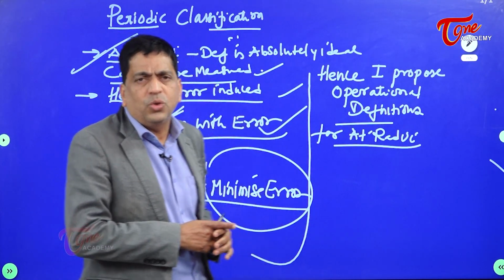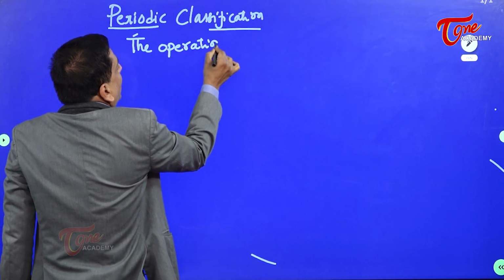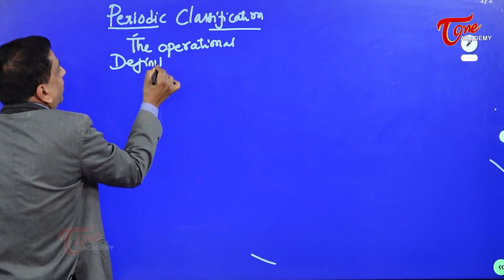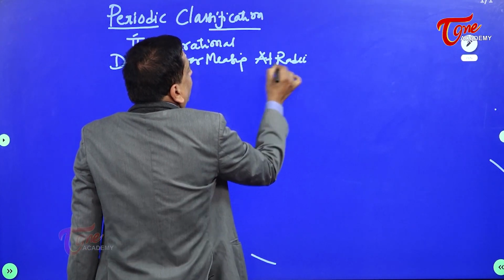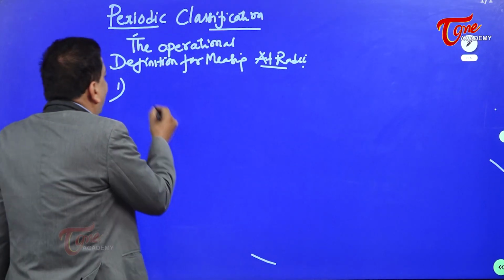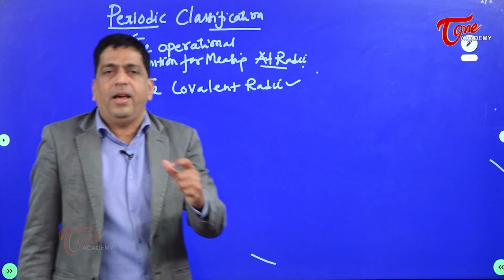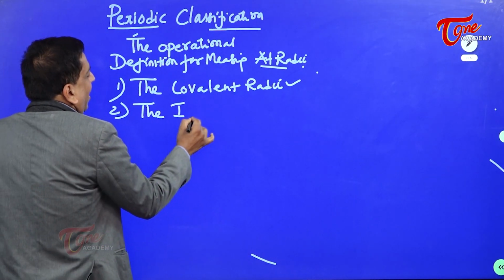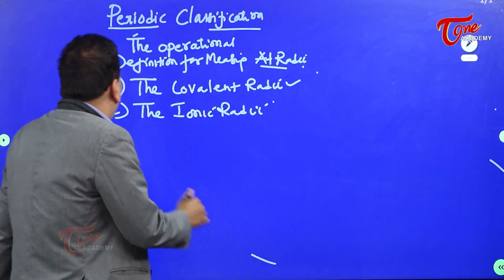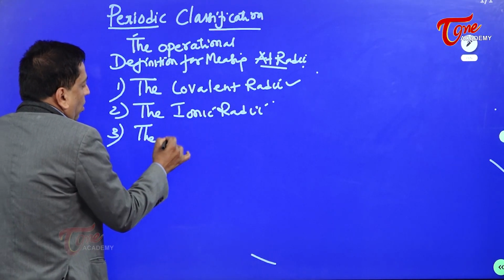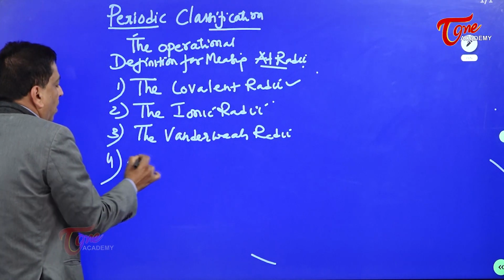Now, what are the operational definitions? Watch carefully here, right? The operational definitions for measuring atomic radii are: 1, the covalent radii, 2, the ionic radii, 3, the van der Waals radii, and 4, the metallic radii.